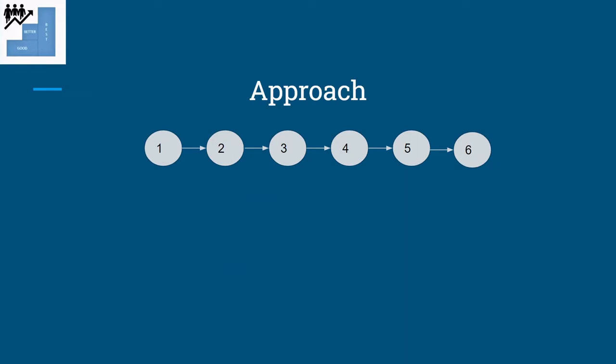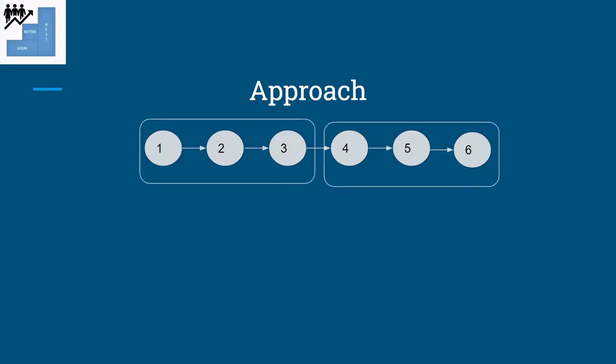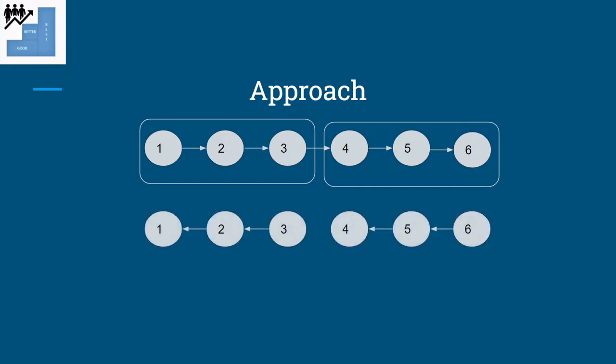Okay, let's understand the approach with a bigger example where we have to reverse the linked list in subgroups of size 3. The first obvious approach is to reverse the linkages between nodes of the subgroups. The second and the more important approach is that we have to make the last node of this first subgroup the first node, the head of the linked list, and the first node of the first subgroup point to the last node of the subsequent subgroup.